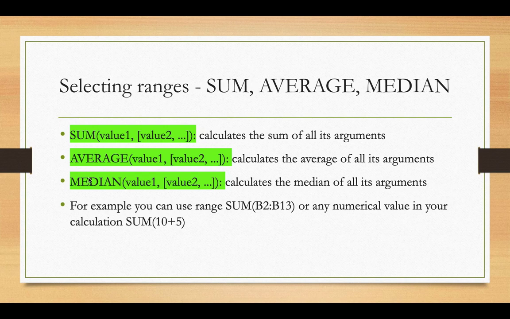The difference between average and median is that the average gives the sum divided across the values, whereas the median gives just the middle value for the range of data or arguments that follow. For example, sum could be 10 plus 5, which gives the answer 15, or you can find the sum of a range in the data, which is B2 to B13.